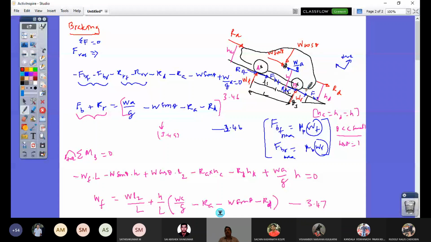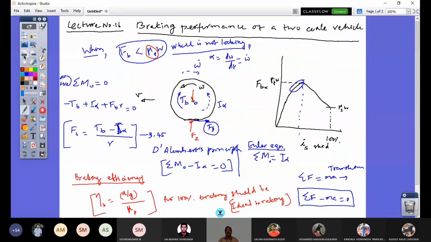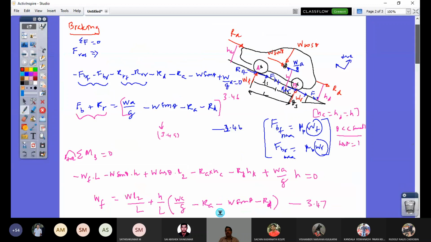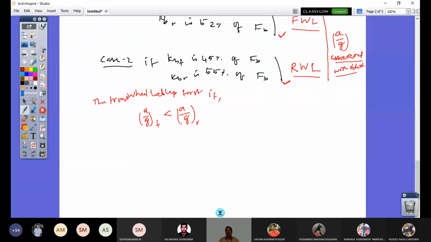If we have this deceleration associated with the front wheel lock or rear wheel lock, right? So you should say it in this way. We had it here, right? So front wheel lockup first, if, just a minute, let me give you a clear statement for that.